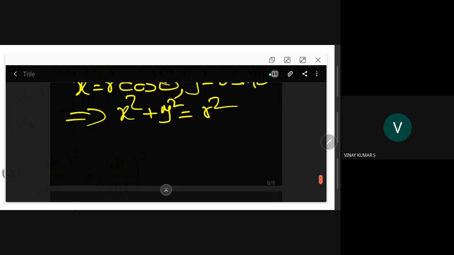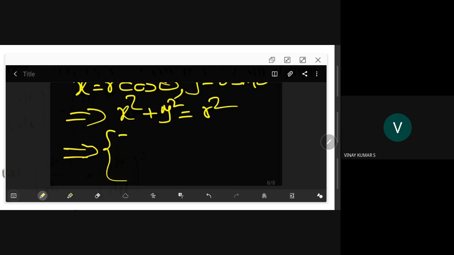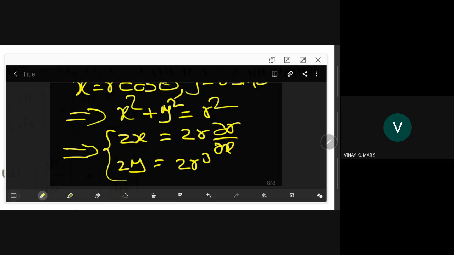So now here we differentiate both sides with respect to x. So you have 2x is equal to 2r ∂r/∂x. Then 2y is equal to 2r ∂r/∂y.